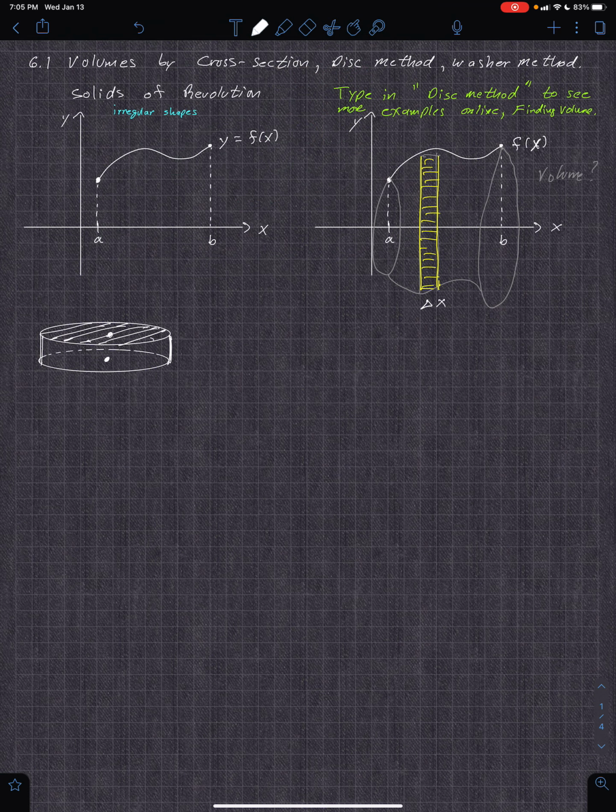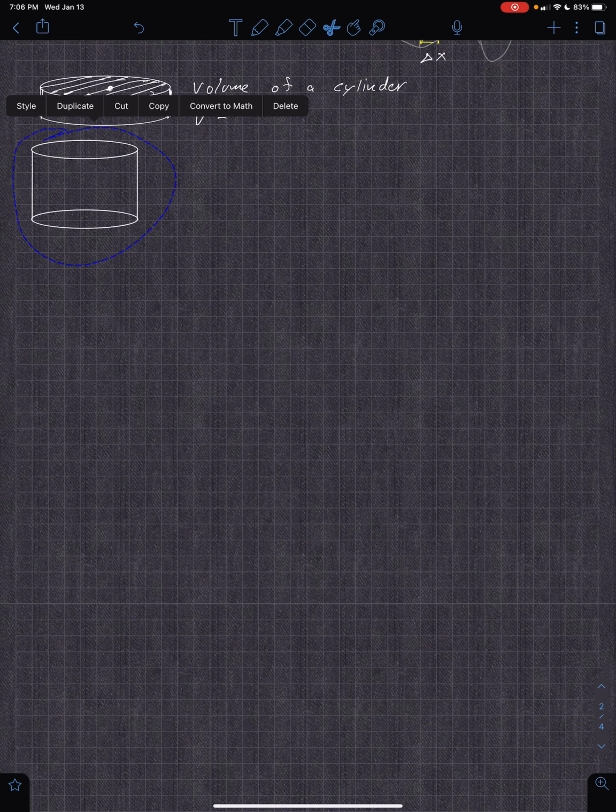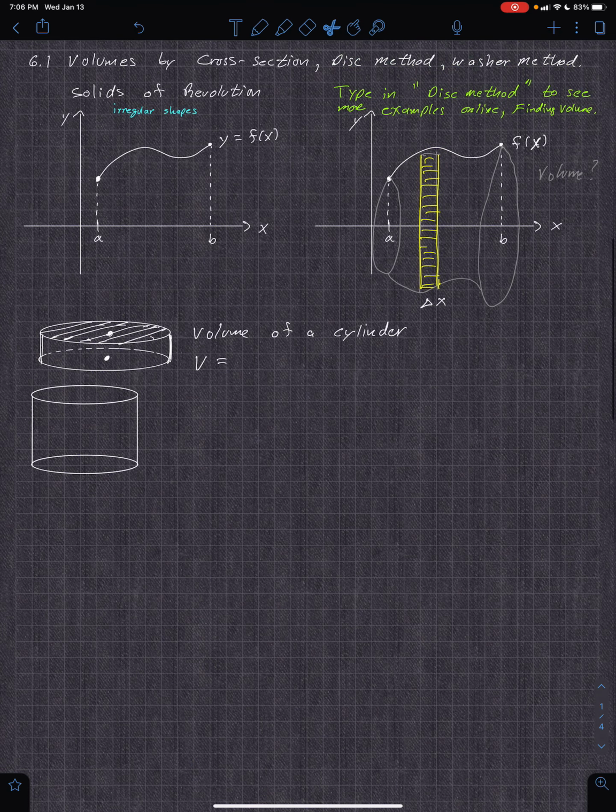Okay, so volume of a cylinder. So volume is equal to, and I drew another picture. So we're used to maybe looking at this type of cylinder, right? But you have to picture ours is thin.